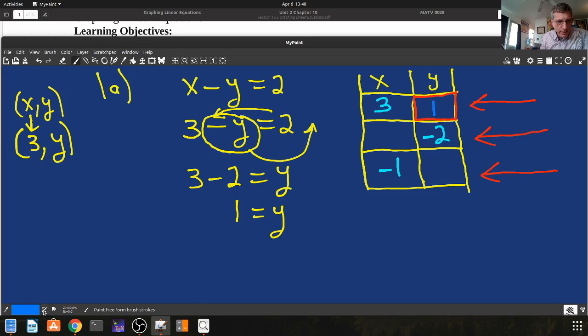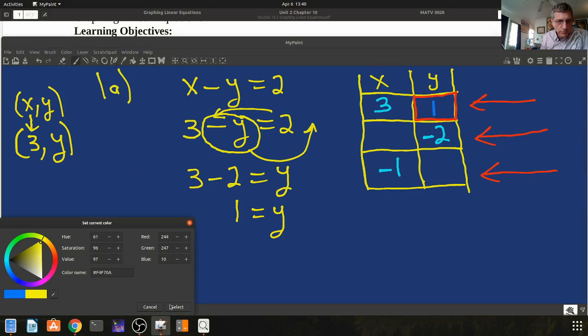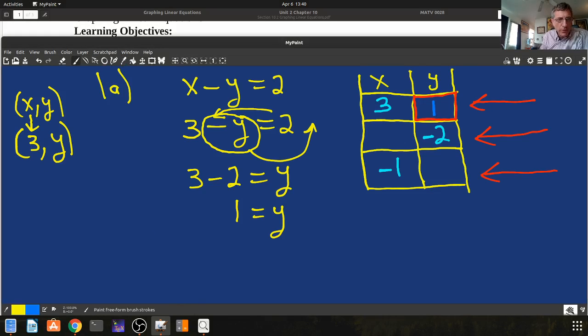And over here, if you want, you've got to make sure you make this connection that I've discovered that y is equal to 1. That's what these points over here mean.